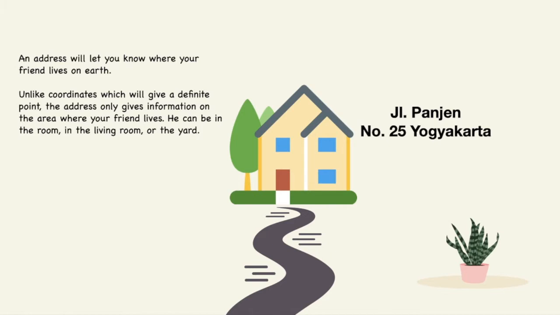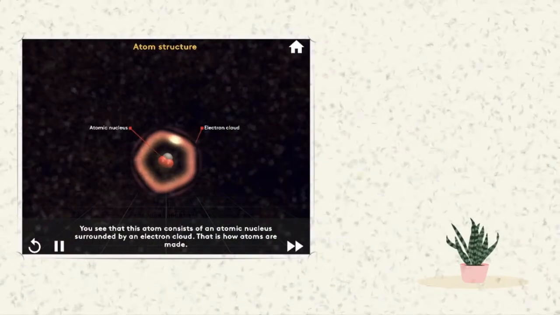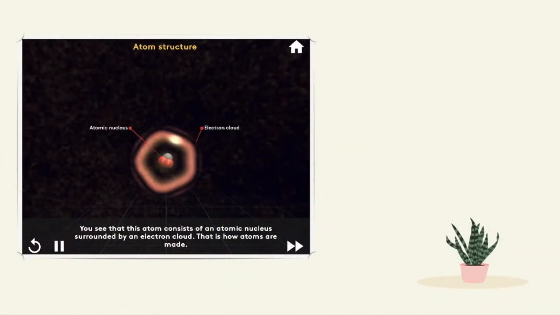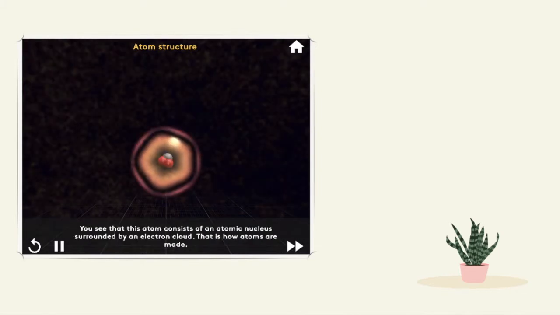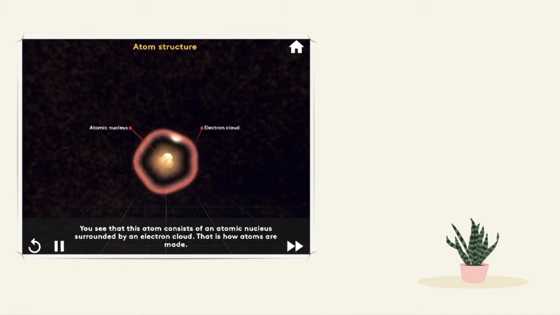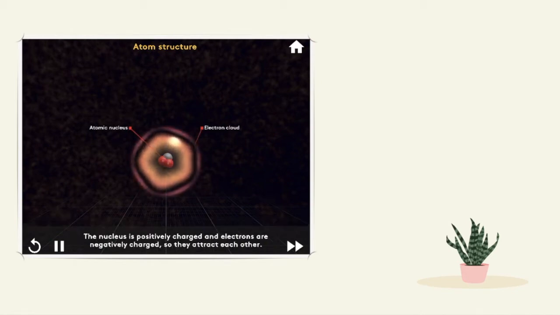You don't know the exact point where he is. The same concept also happens in the atom. In the atom, we have an electron cloud that illustrates the orbital. The orbital is the area where we can find an electron. If the house has an address, the orbital has quantum numbers.